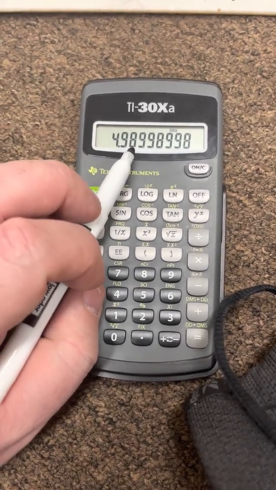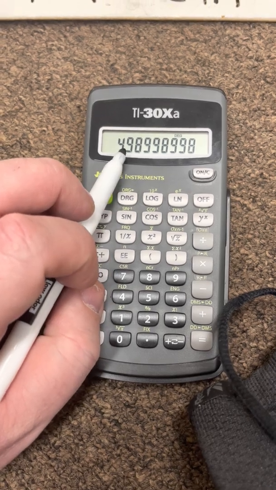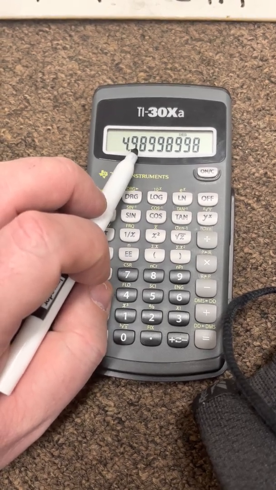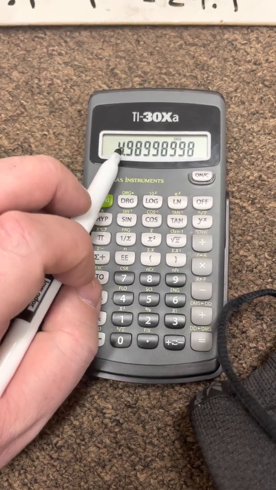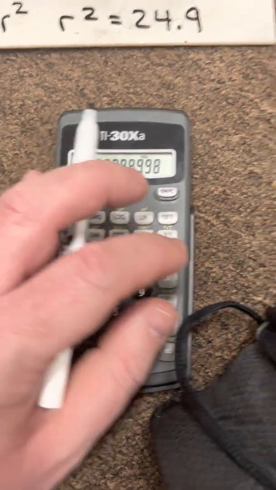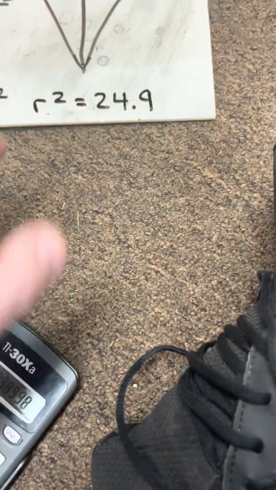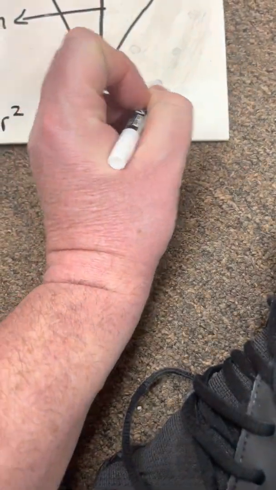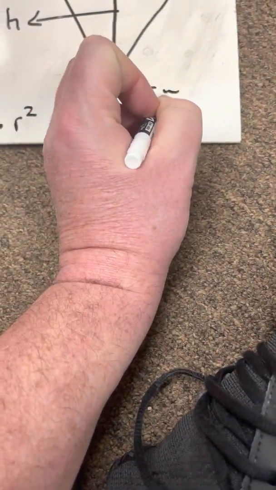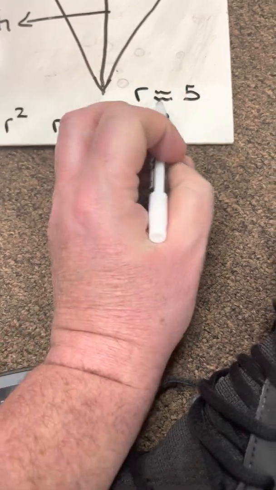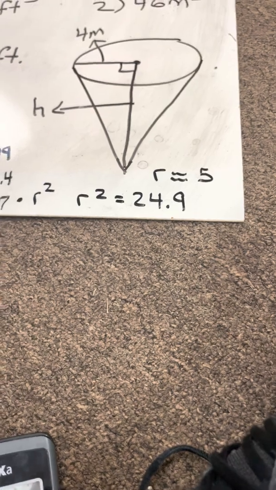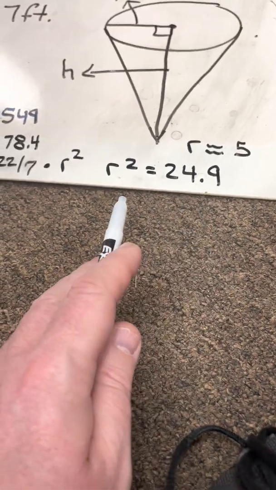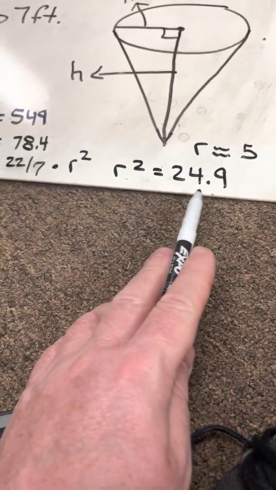Now the 8 would tell us to round up and make the 9 a 10. But when we make the 9 a 10, really what happens is that 9 becomes a 0 and the 4 becomes a 5. R squared equals 24.9, which means r is approximately equal to 5. Notice I didn't put a true equals. It's approximately equal to 5. That makes sense because 5 to the power of 2 equals 25.